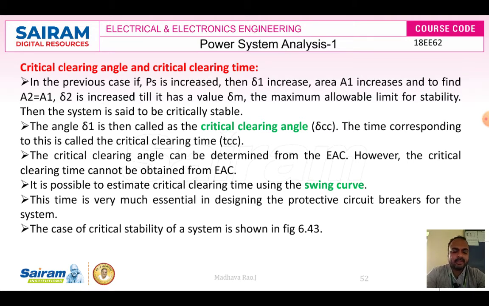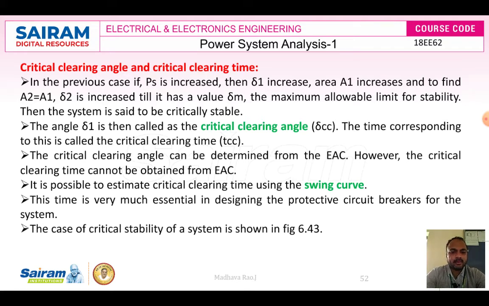Previously we have seen that as the synchronous power increases, delta increases and area A1 will increase. To make A1 equal to A2, delta 2 should be increased until delta reaches its maximum value, delta m.